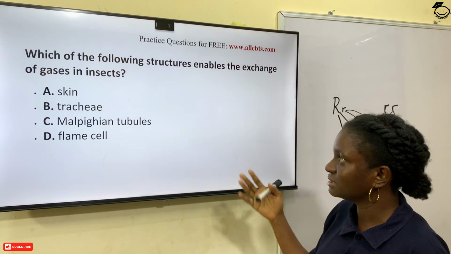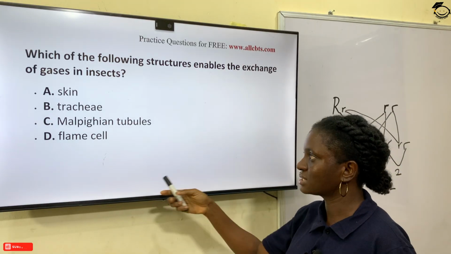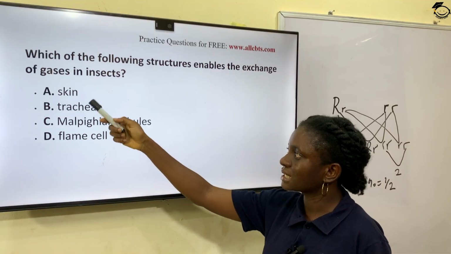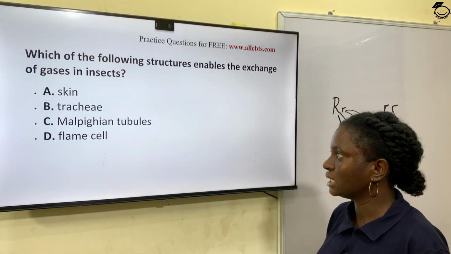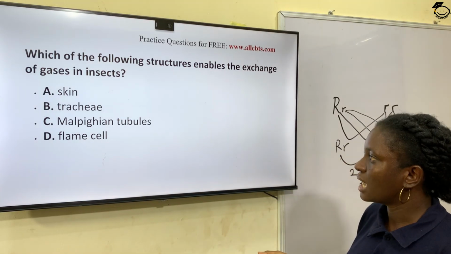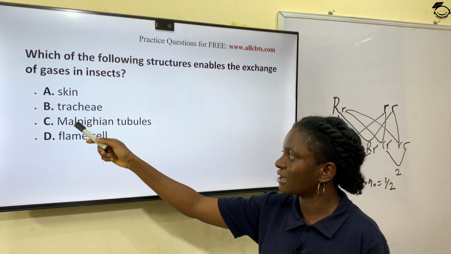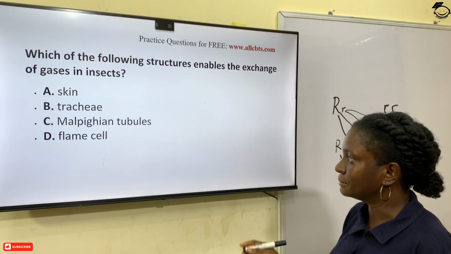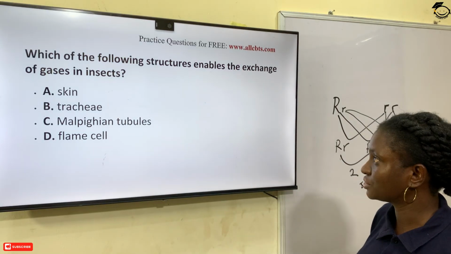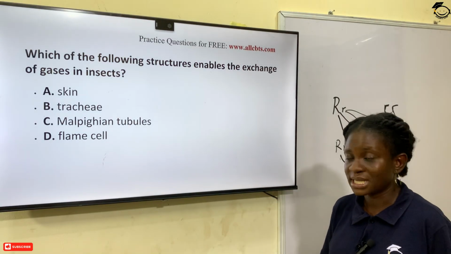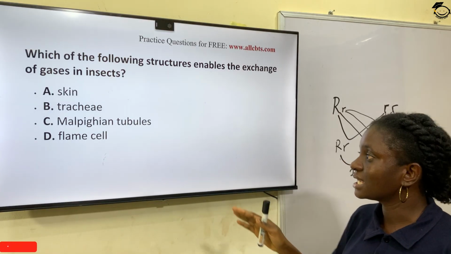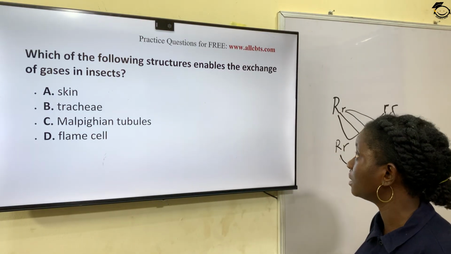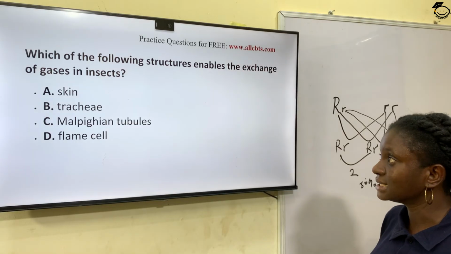So the gas exchange mainly occurs at the trachea, unlike skin, which is for mammals, and C, Malpighian tubule, and flame cell are mainly for excretion, so they are not related to gas exchange. The correct answer is trachea, mainly for gas exchange in insects.